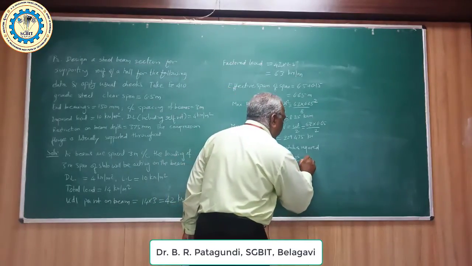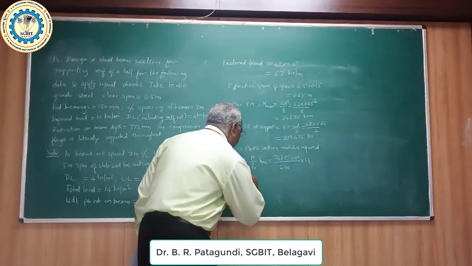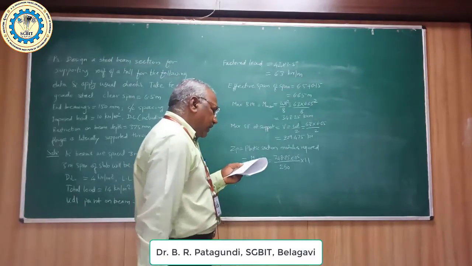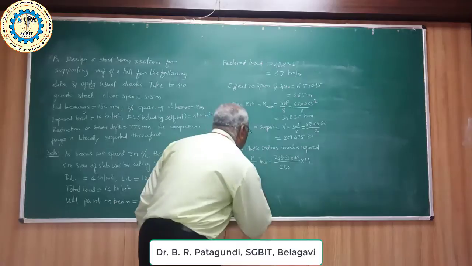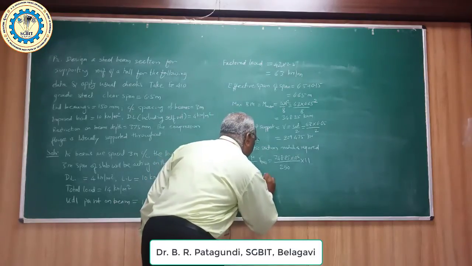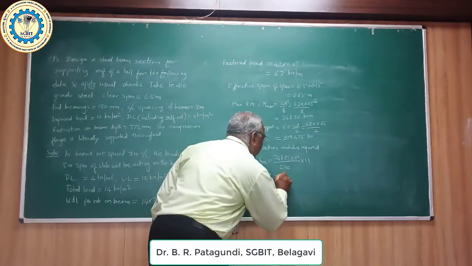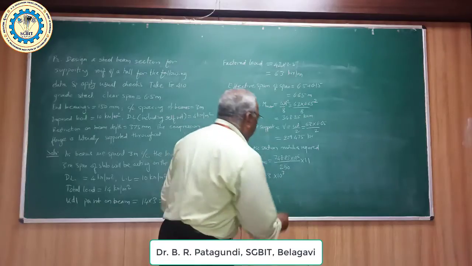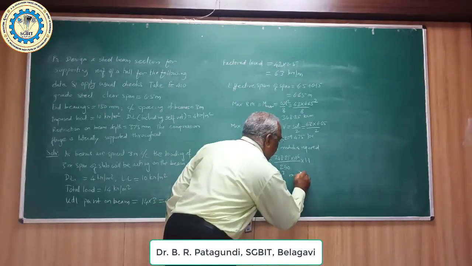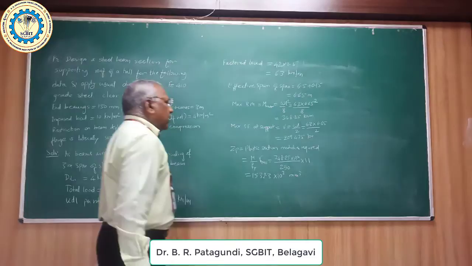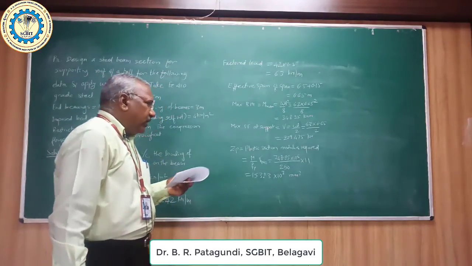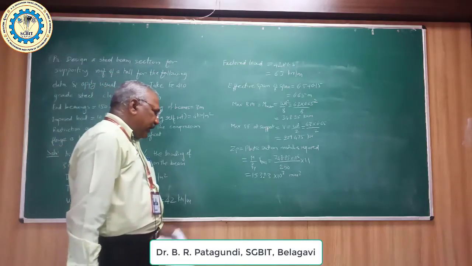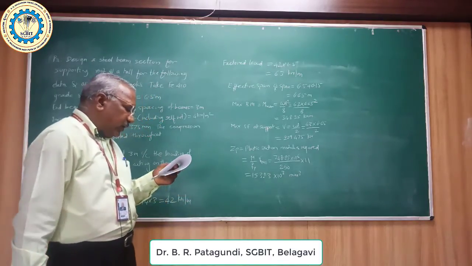Gamma MO is 1.1. So, the plastic section modulus required is equal to 1532.3 into 10 power 3 millimeter cube. So the plastic section modulus required for the beam to be selected is 1532.3 into 10 power 3 millimeter cube.